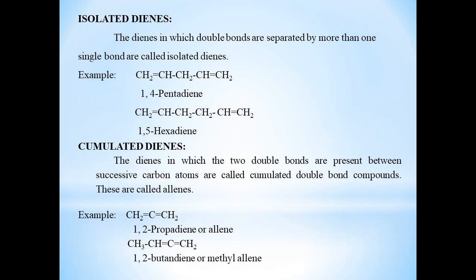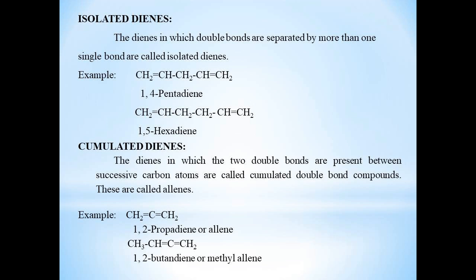For example, 1,4-pentadiene and 1,5-hexadiene. In 1,4-pentadiene, the double bonds are separated by two single bonds. In 1,5-hexadiene, the double bonds are separated by three single bonds. So more than one single bond separates the double bonds in these types of dienes.